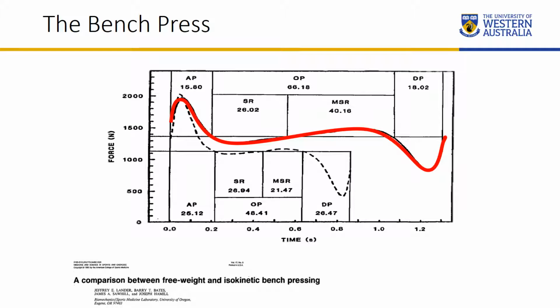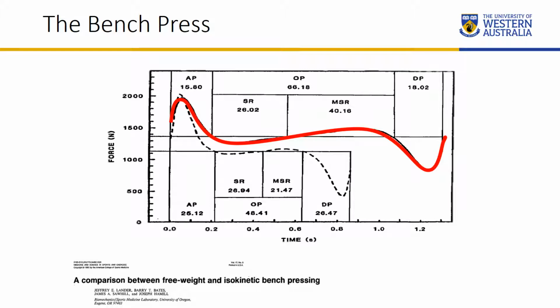Therefore, initially, an increased amount of force is required to accelerate that bar to get it moving. And once the bar is moving, you only need to apply enough force to maintain its momentum so it can move upward against gravity. And towards the end of the repetition, you can see you're actually decelerating the bar.